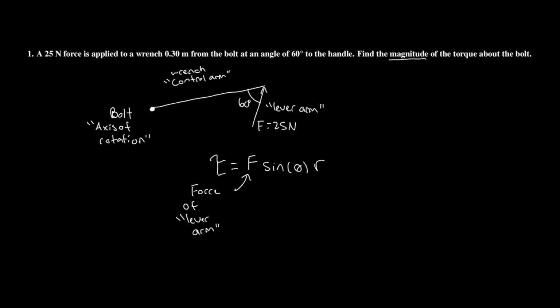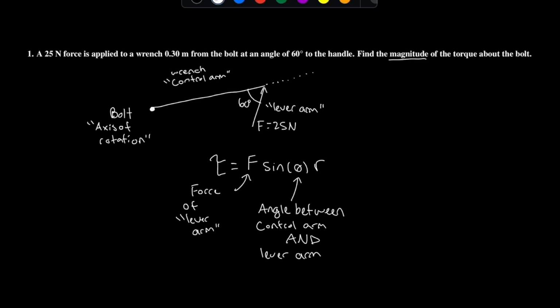Now, theta can be a bit confusing because there are often a lot of angles that we need to use. But our rule of thumb is going to be we use the angle between the control arm and the lever arm. One other thing to note here is that let's say we continued our control arm out and had an imaginary extension of the wrench.